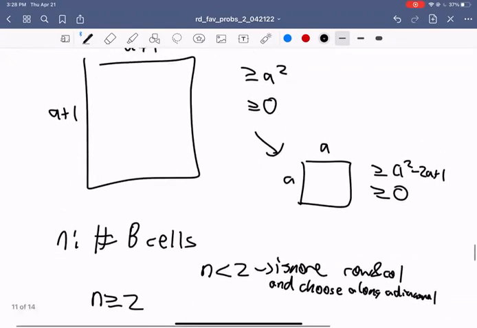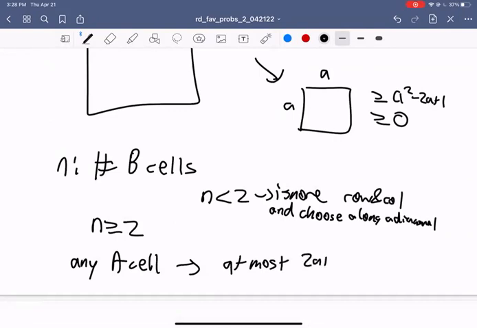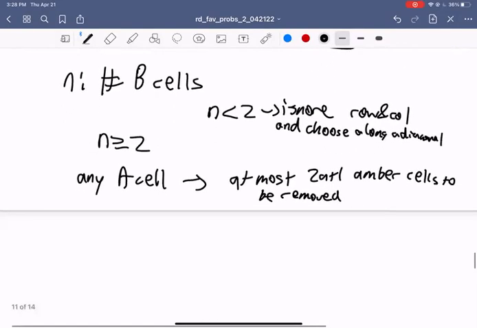But note that if we choose any amber cell, there are at most 2a plus 1 amber cells we remove when we remove that cell. And if there are 2 bronze cells, they must either be in the same column, the same row, or neither. And if they're neither, we can choose one of their rows and the other's column and consider this point.